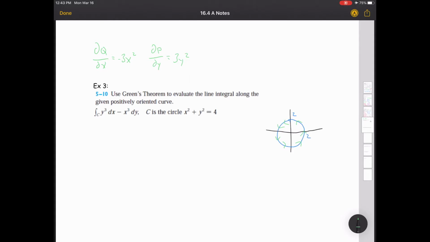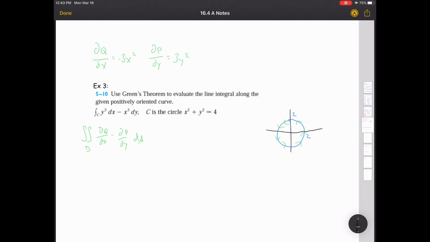And Green's theorem says, take the double integral over D of dq dx minus dp dy dA. So we're going to need dq dx minus dp dy.